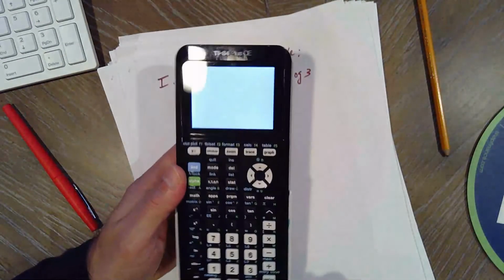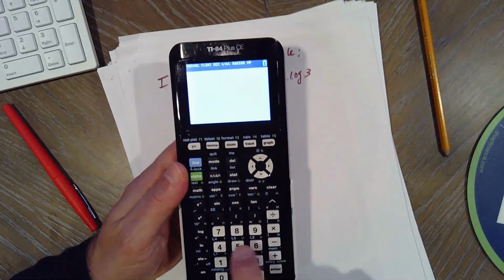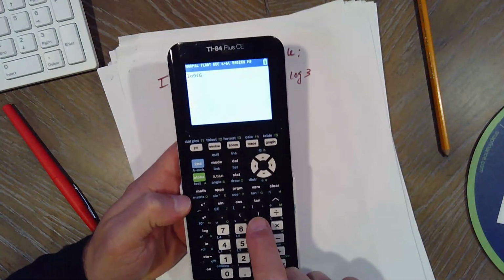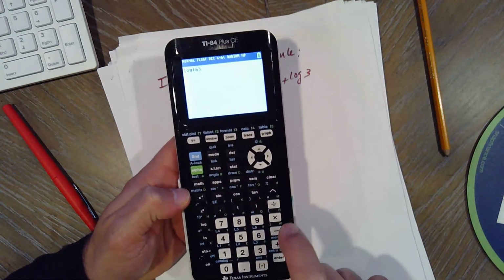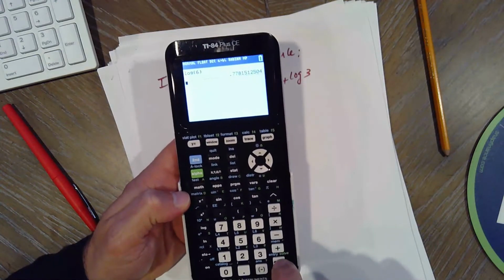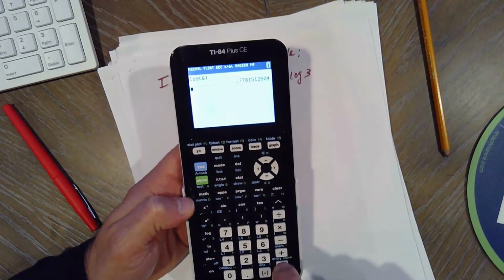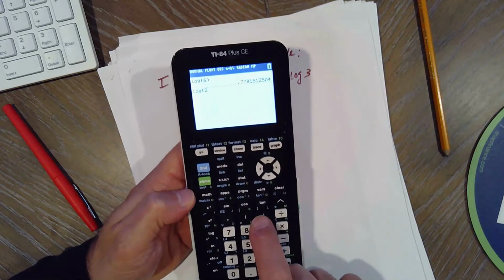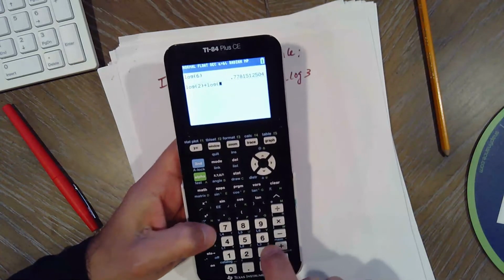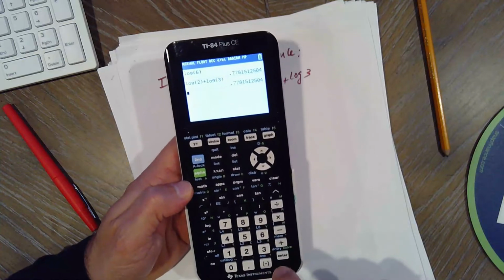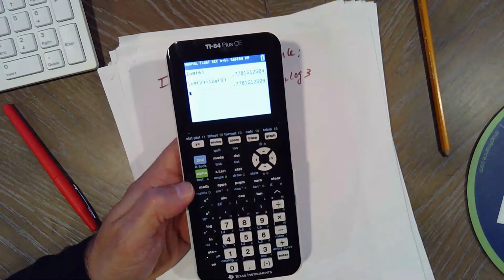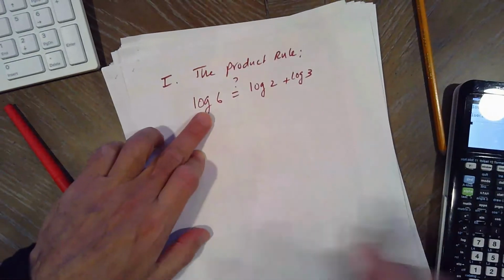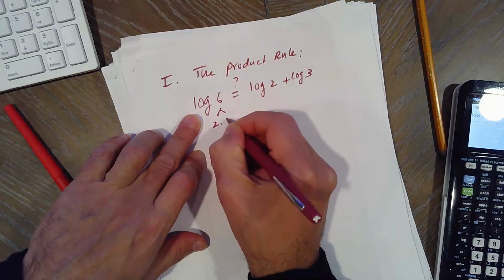I'm doing base 10 because all calculators have log base 10, but it should work for any base. So log of 6, it's 0.77815, whatever, it's irrational. Log of 2 plus log of 3, same exact answer. And we suspect that that's because 2 times 3 is 6.